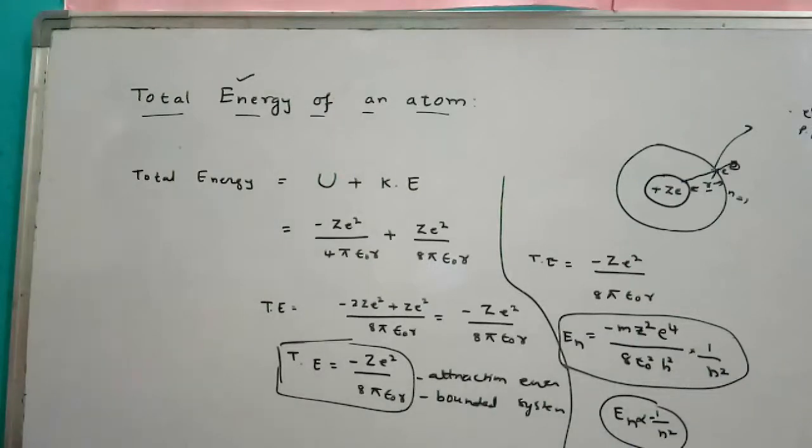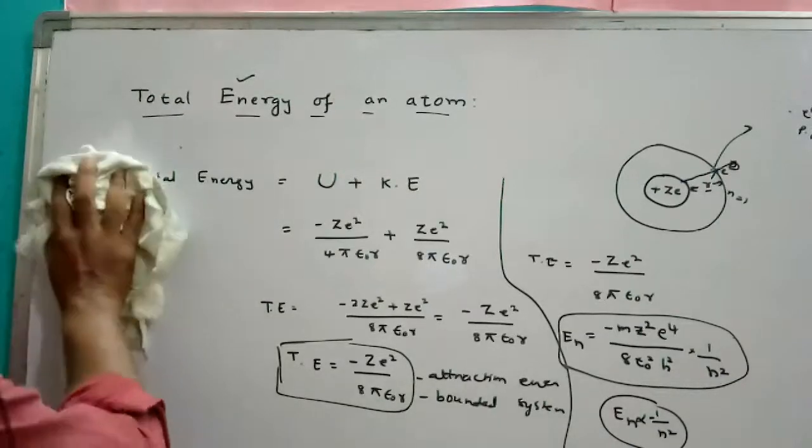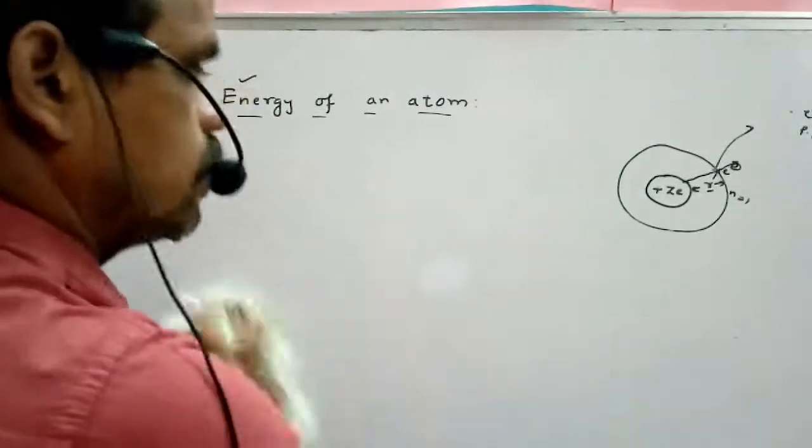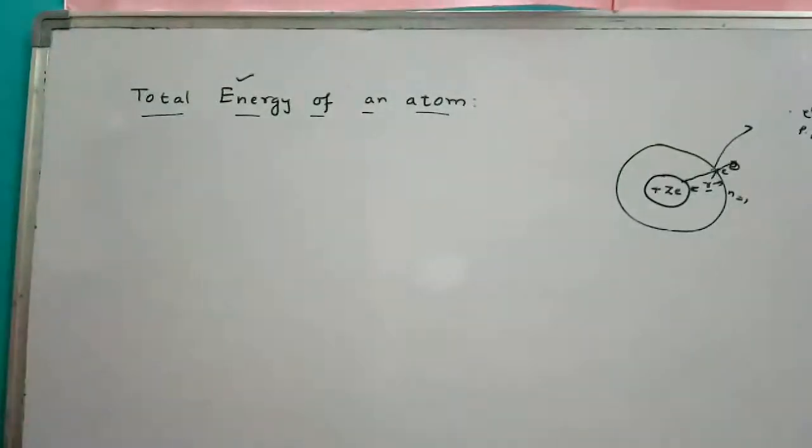Now we are calculating first orbit energy and second orbit energy. Then we draw the energy level diagram.